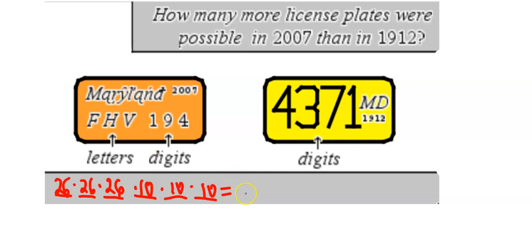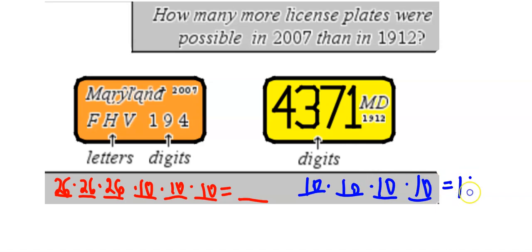And you just use your calculator, multiply that out, get some huge number for the number of license plates in Maryland. And then in the year 1912 in Maryland, they didn't have as many cars back then, so there were only 4 slots I really need to fill here. So that would be 10 times 10 times 10 times 10, which I can do in my head.